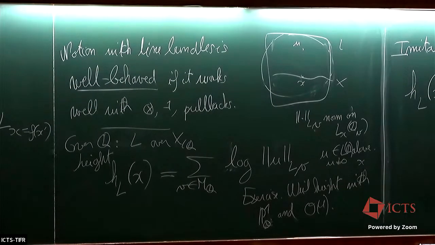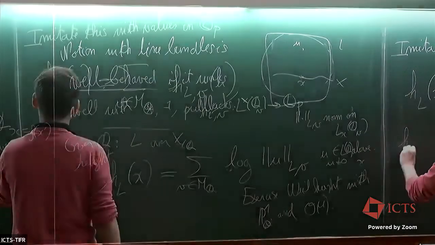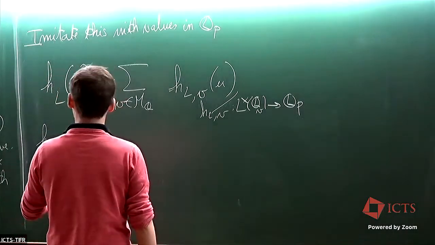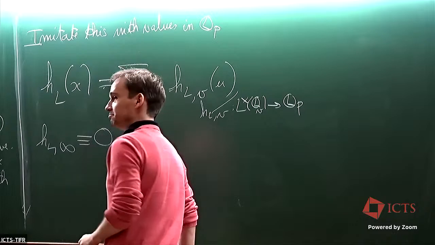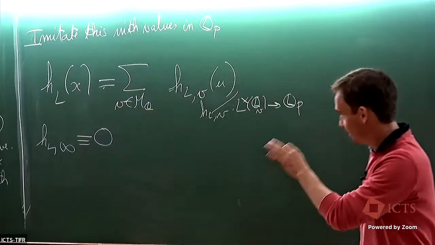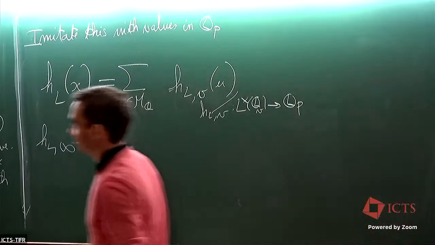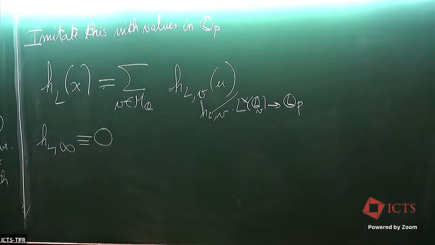There are not that many natural ways of doing this. So first off, I should do it immediately. H_L at infinity will be 0. Not talk about this in our case. I should have said geometric integral maybe here. Yeah, just to be sure. But I only have one connected component, otherwise some stupid things can happen.